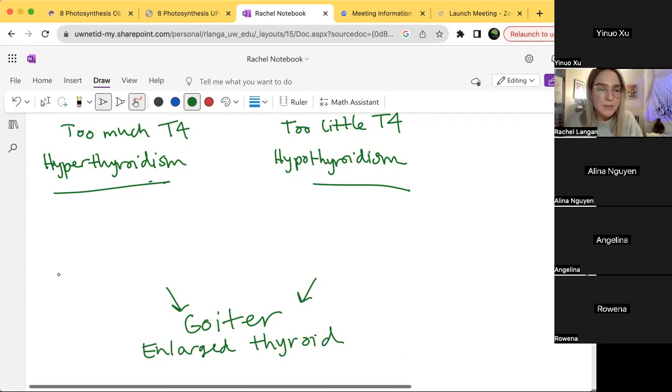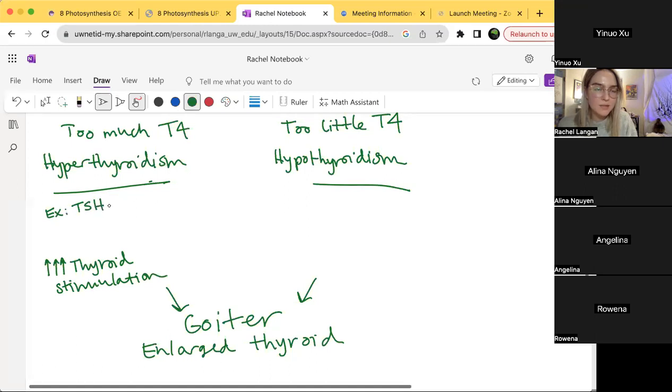So that happens with hyperthyroidism, like we just said, if you have too much thyroid stimulation. So if the thyroid is overactive and you have all the stimulation, that can lead to an enlarged thyroid. An example of that would be the TSH receptor.